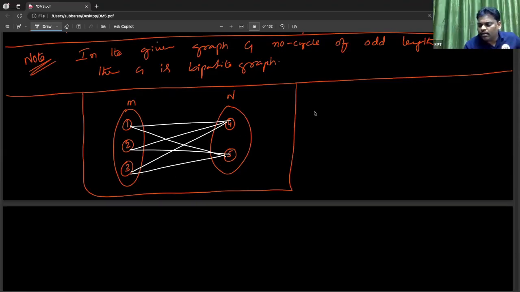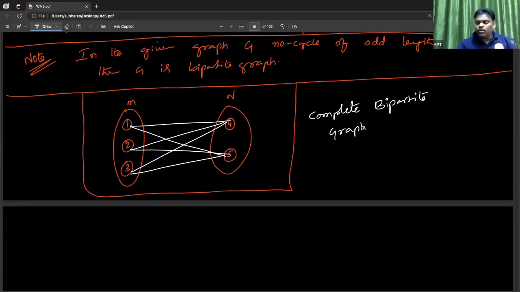This is called a complete bipartite graph. Completely full, because nowhere is there a gap. If you want, you can check where the gap is.